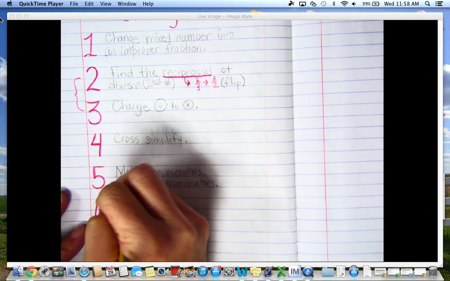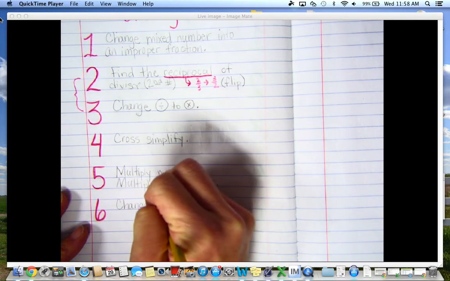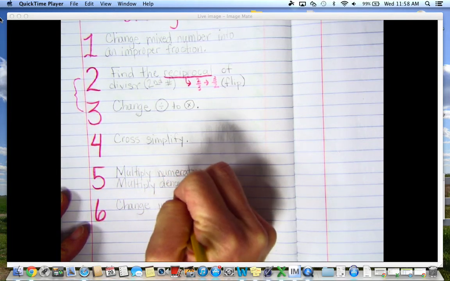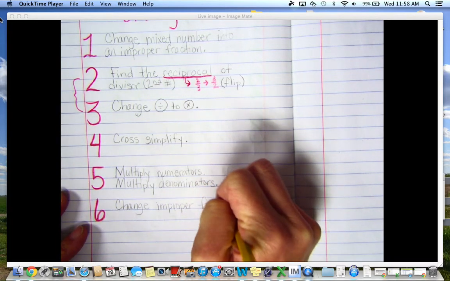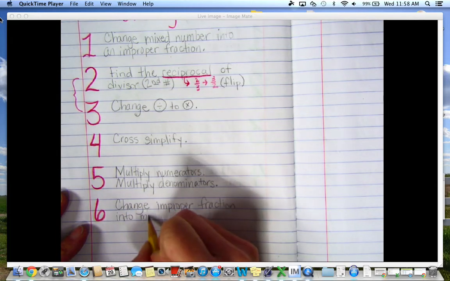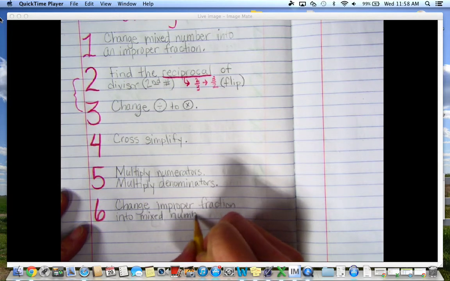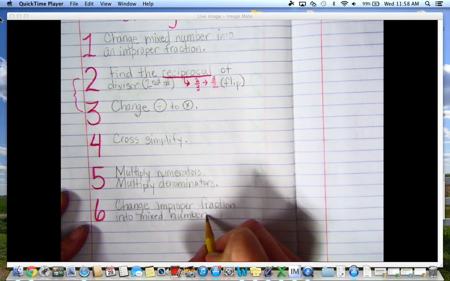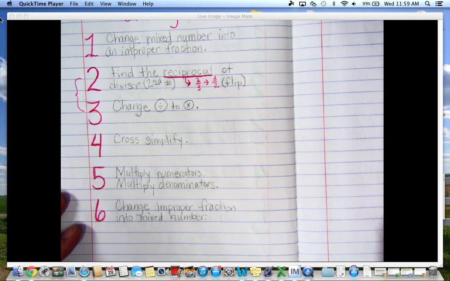Step 6 is change improper fraction into a mixed number. Just like multiplying.